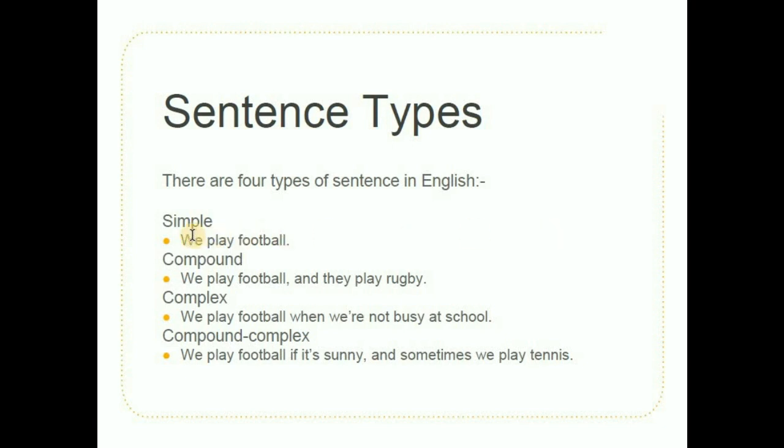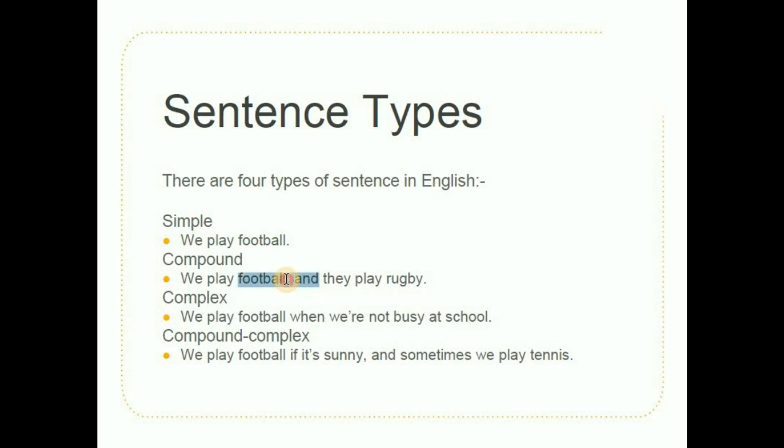In reviewing our first 2 sentence types, the simple and compound sentences, we note how here for the simple sentence we have just one independent clause. We, subject, verb, play, and football is our object.